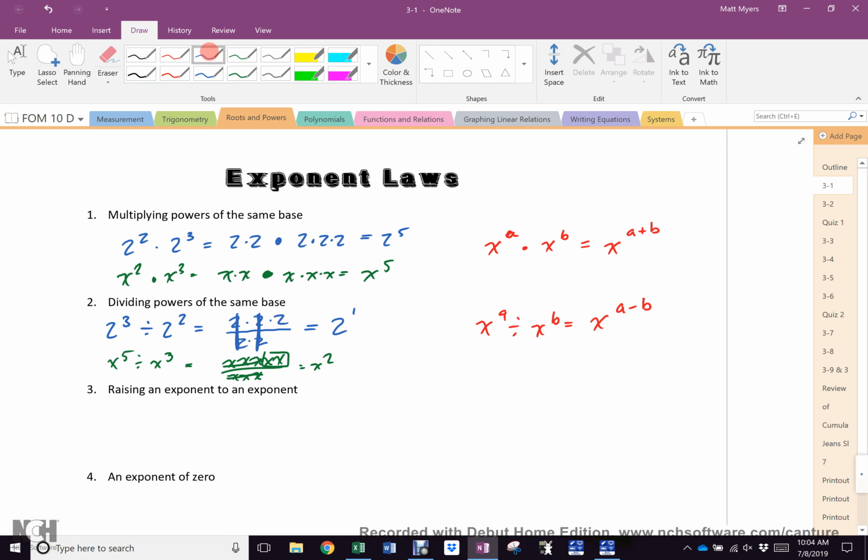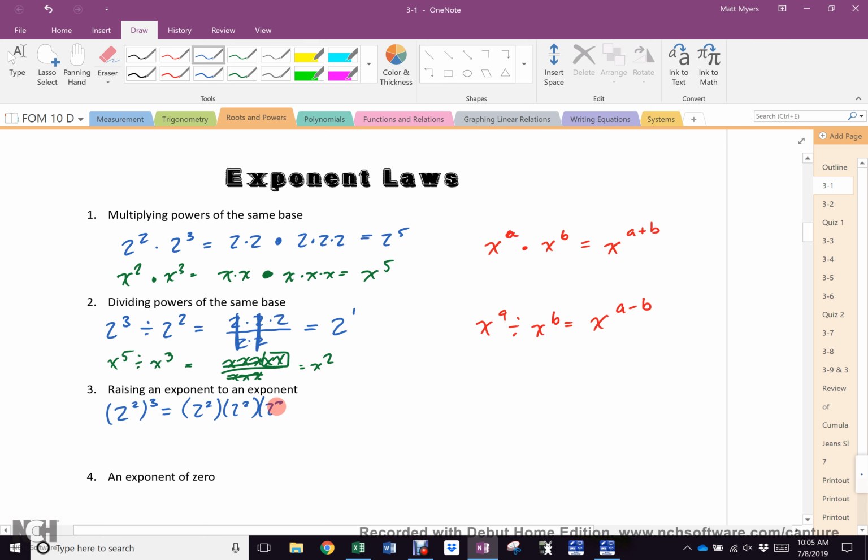Third one. You all know how to do it. An exponent to an exponent. 2 squared cubed. What does that actually mean? What does it actually mean? 2 squared, how many times? 3 times.